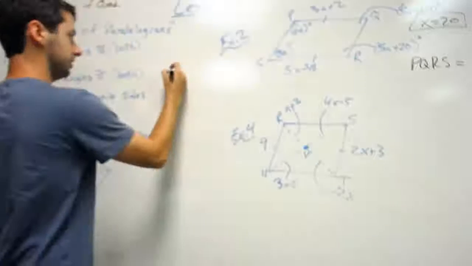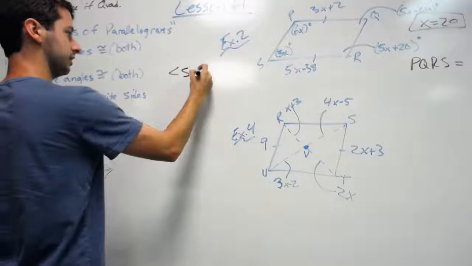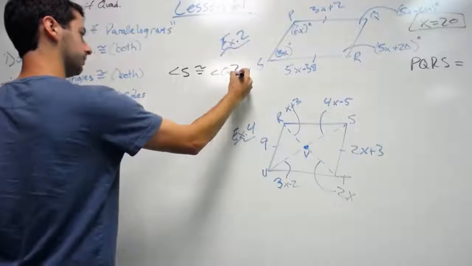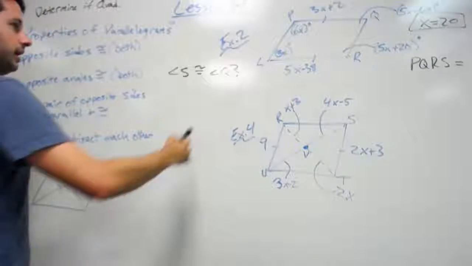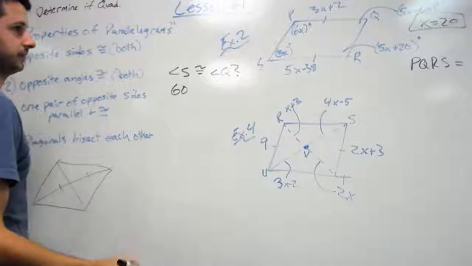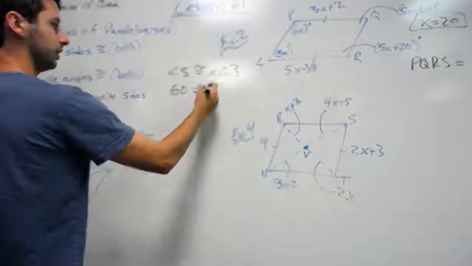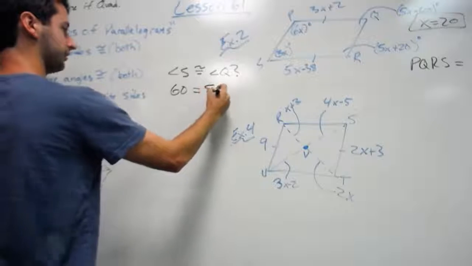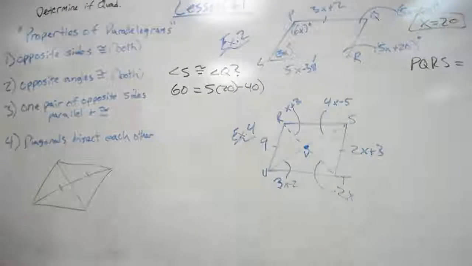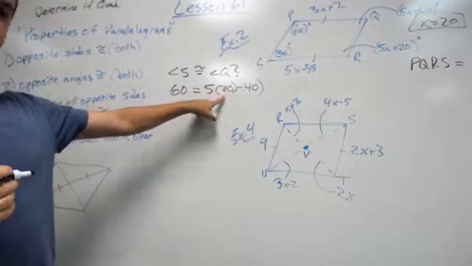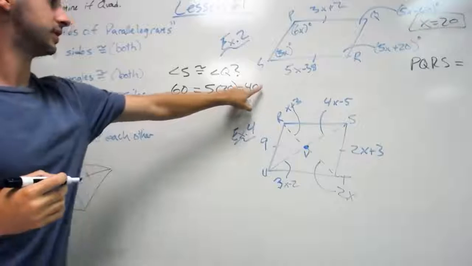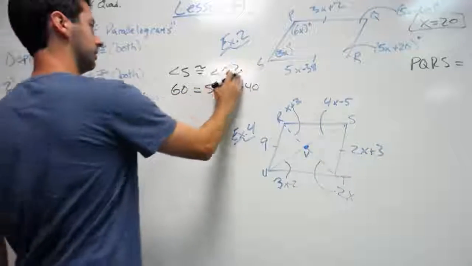Let's see if angle S is congruent to angle Q. Angle S is 3 times 20, that would be 60. And that's 5 times 20 minus 40. 5 times 20 is 100 minus 40 is 60. So therefore, these are congruent.